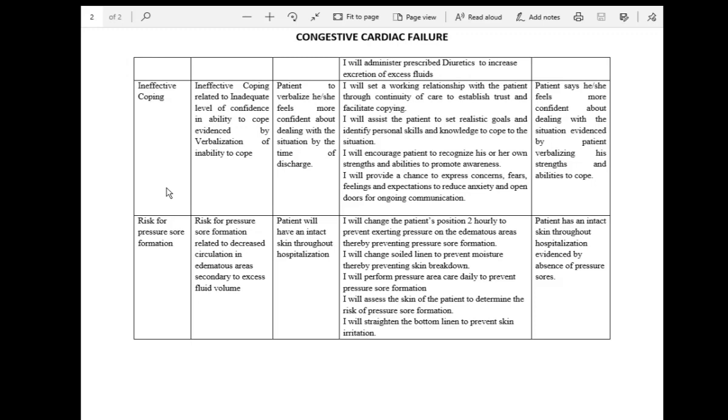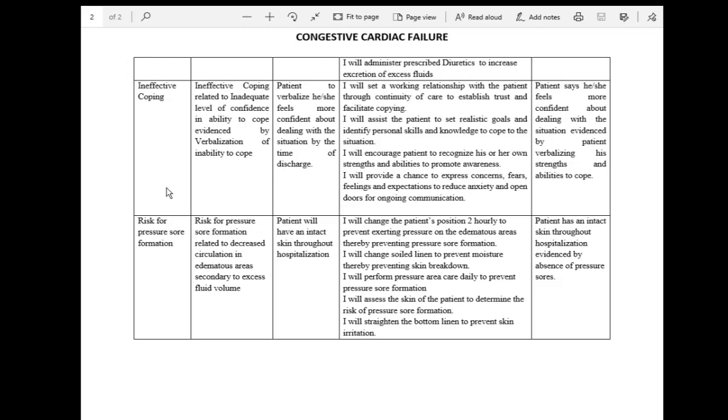Second intervention is I will assist the patient to set realistic goals and identify personal skills and knowledge to cope with the situation. Because this patient is going through a condition or a situation they're not used to, they will lose that ability to set realistic goals.